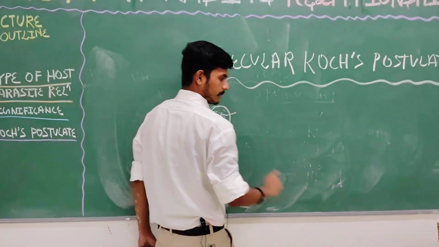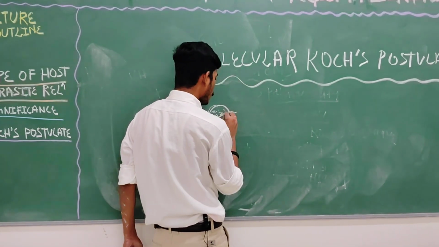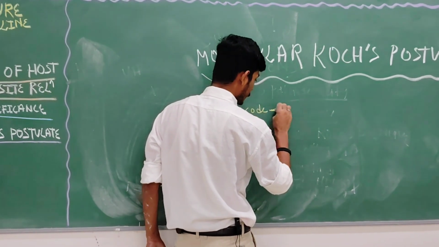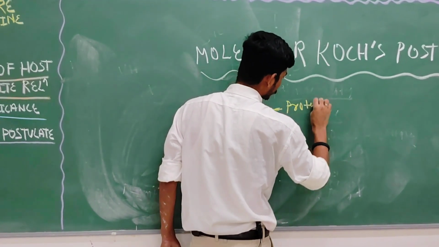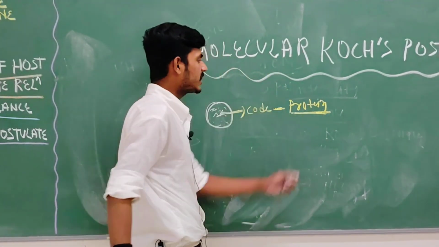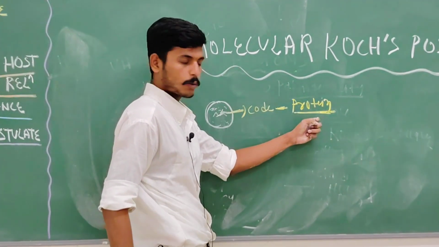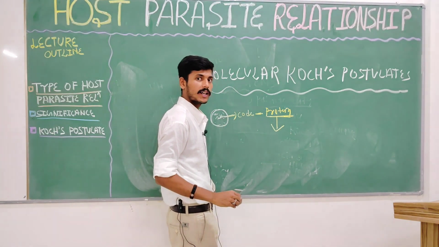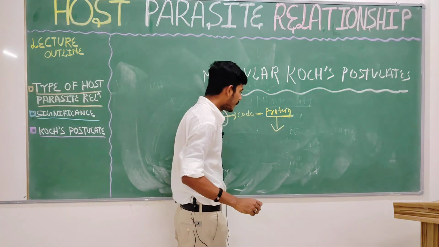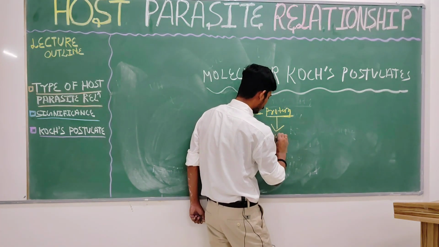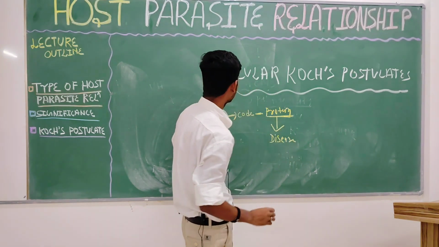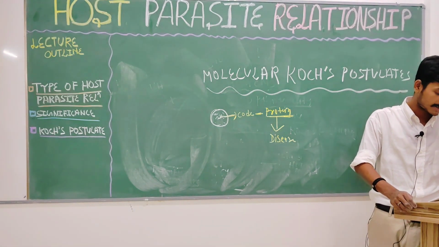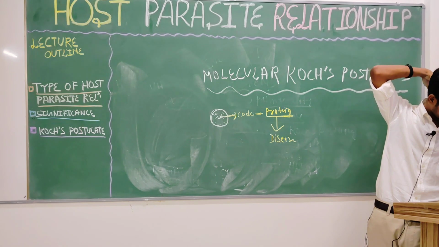Their genetic material must code for the synthesis of a protein, and this protein has the capacity to cause a disease. Understanding? This is the modern postulate which is given not by Koch but by another scientist, but it is based on the Koch postulates only.